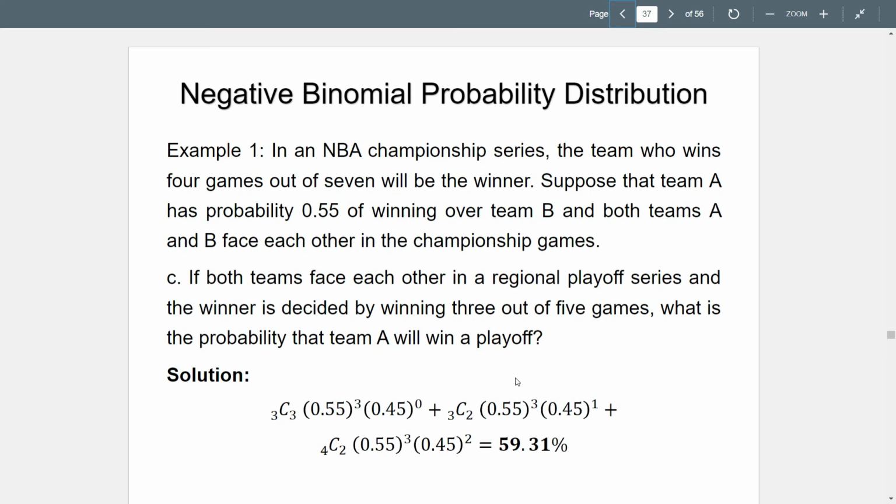You'll have this equation, which will give us 3C3, 3C2, and then 4C2. So you'll have a 59.31% chance or probability that A will win the playoff in the 3 out of 5 games.